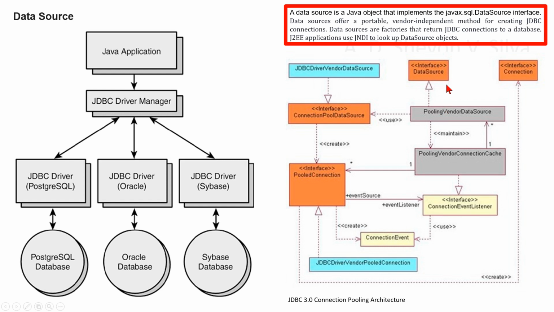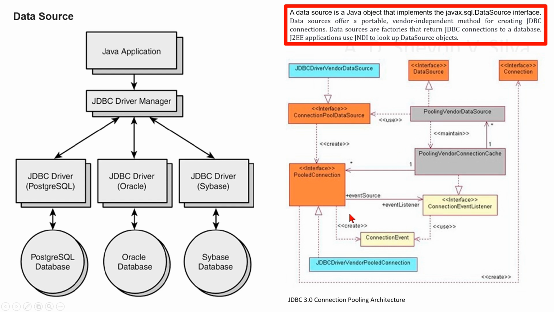Here the interface DataSource, a factory for connections to the physical data source that this data source object represents. An alternative to the DriverManager facility, a data source object is the preferred means of getting a connection. An object that implements the DataSource interface will typically be registered with a naming service based on the Java Naming and Directory JNDI API.